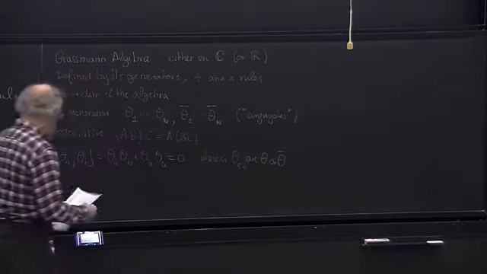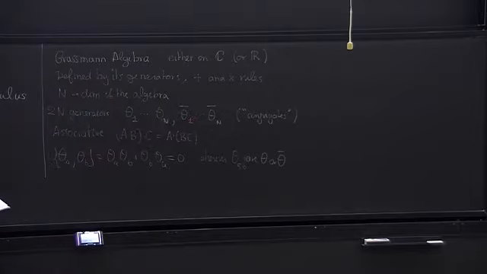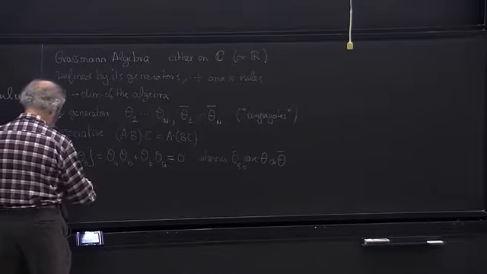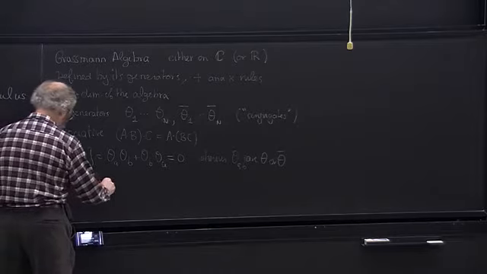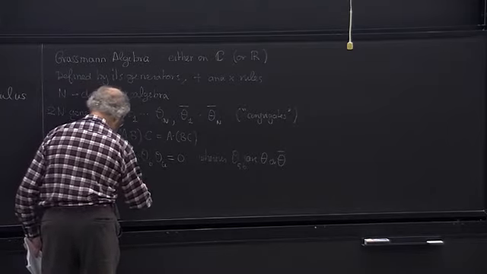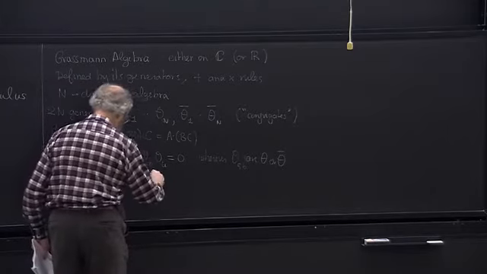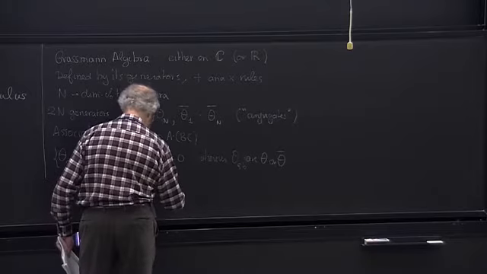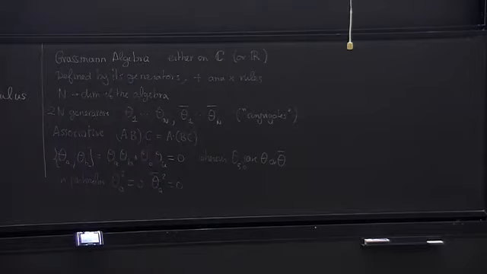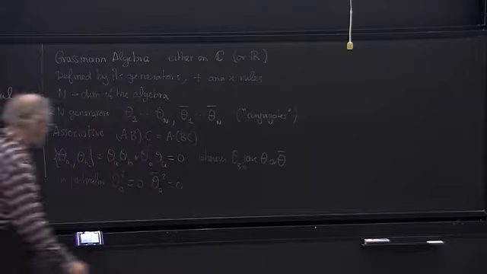And in particular, this implies that any theta A squared is 0 and any theta bar A squared is 0. So they are nilpotent.